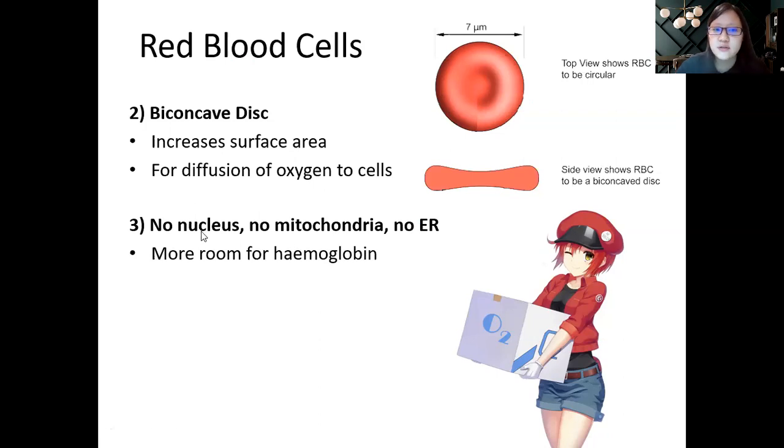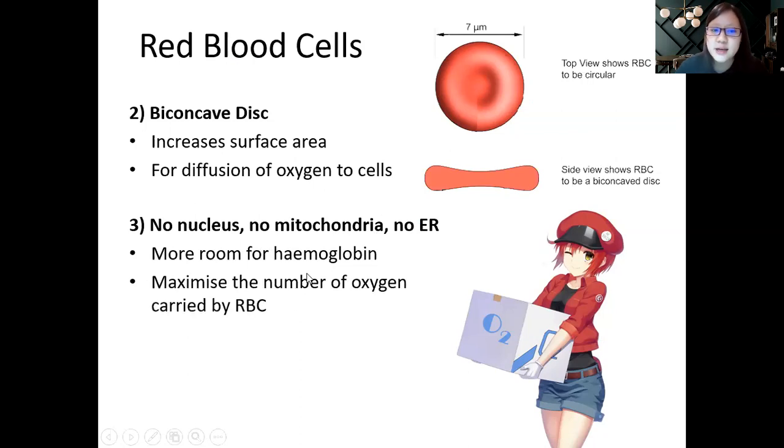So if they don't have all this and they are synthesized in the bone marrow already, there is more room for hemoglobin. They won't produce any more when they're mature and circulating in the blood. But before that, they would have a lot of room for hemoglobin. This maximizes the amount of oxygen carried by red blood cells.